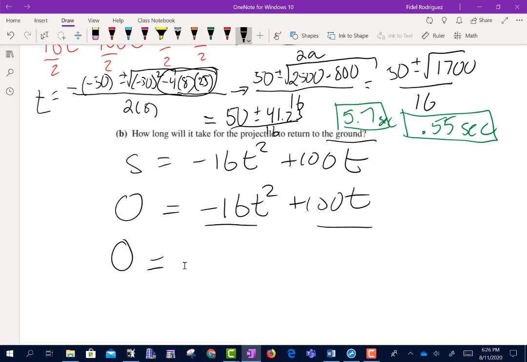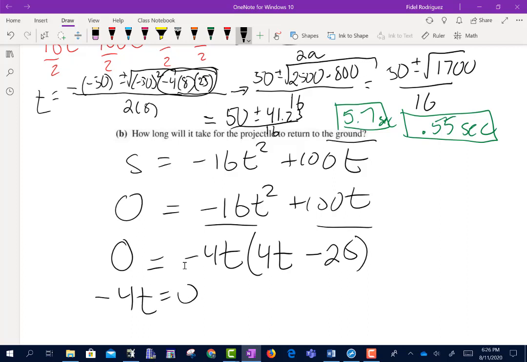So from here, I'm going to factor out a negative 4t. So 4 goes into 16 4 times, minus, because we factor out a negative, 4 goes into 100 25 times. Okay. So now I have negative 4t equals 0, or 4t minus 25 equals 0.